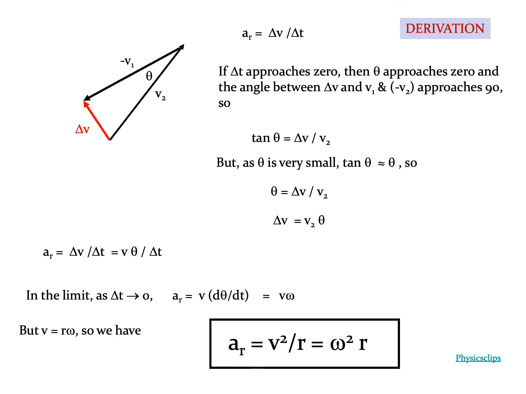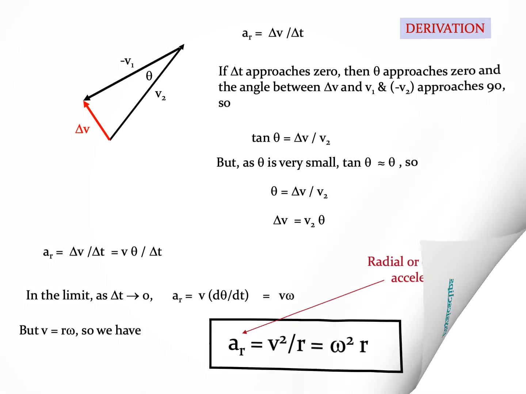So we can replace the v with r omega, and we get that the radial or centripetal acceleration is v squared over r, or omega squared r, two equivalent expressions of centripetal or radial acceleration. These equations are listed in the equation list, but you should of course know them, and you'll get lots of practice in doing so.